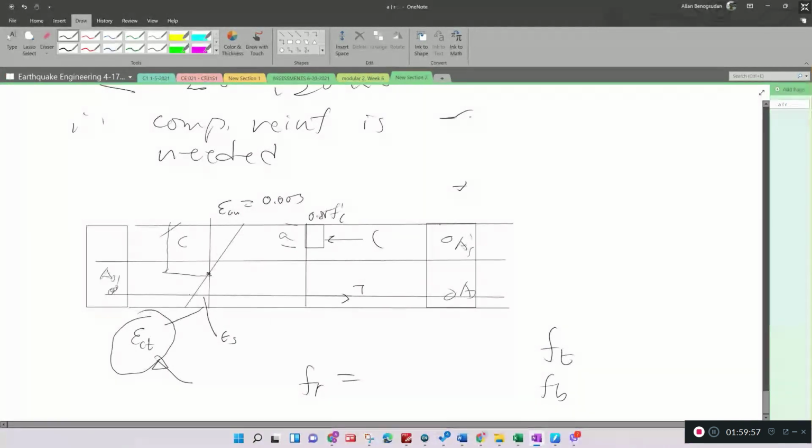Okay? Then ito ay a divided by 2. Ito naman ay d, di ba? Tapos ito naman ay, yung Z na to, itong lever arm ay d minus a over 2. Ito naman ay tension, okay?